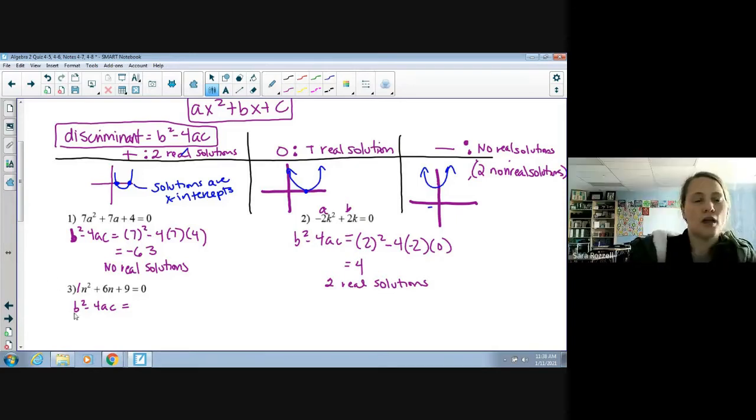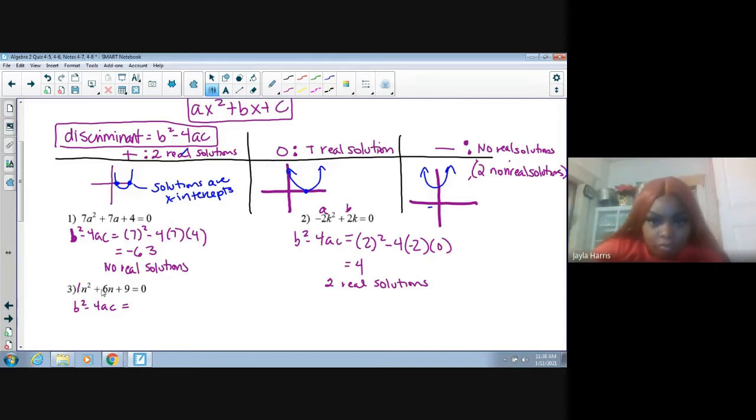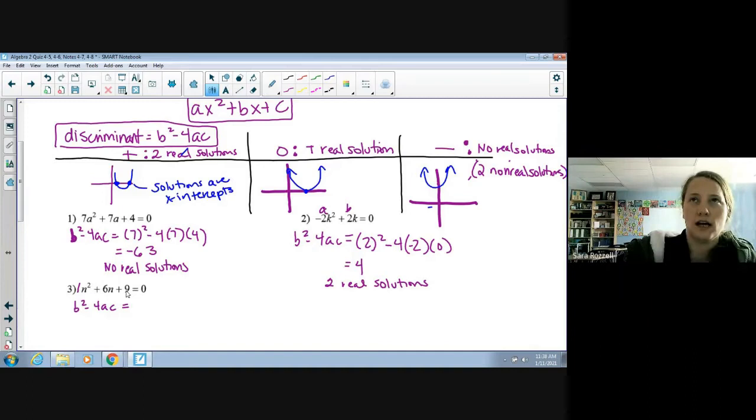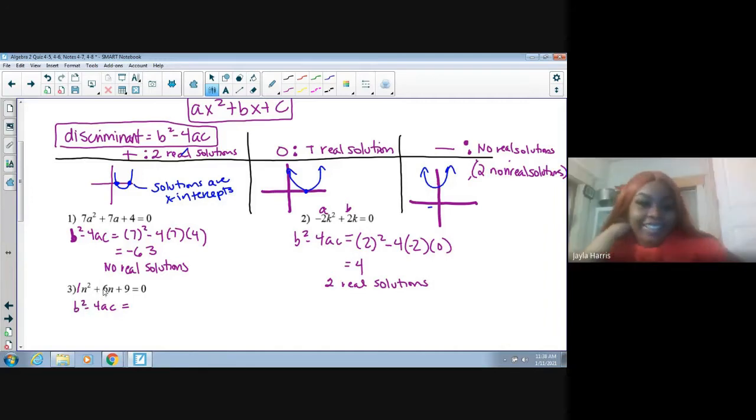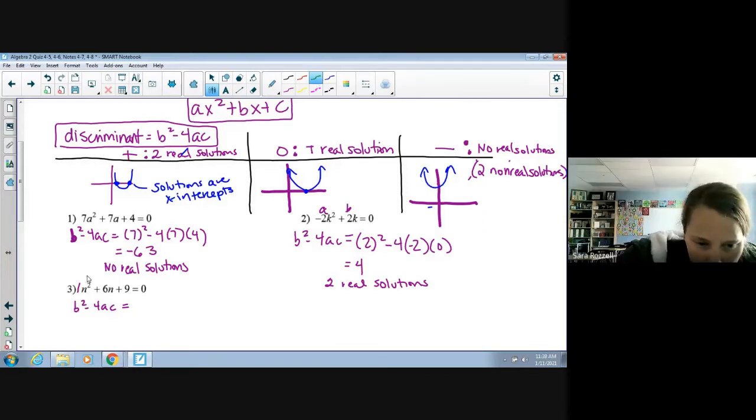Jayla, this is A. 1 is A. C is 9. It goes A, B, C. So when you're plugging it in, this will be 6 because 6 was B. They go in order, right?